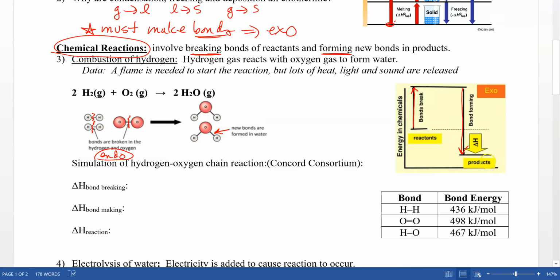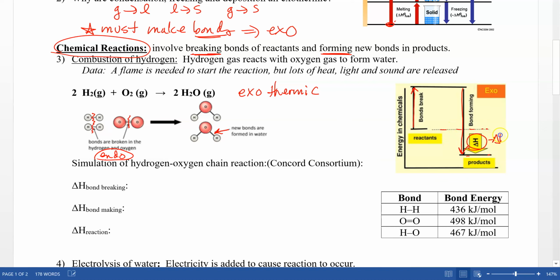And so the diagram is showing you that you're going to go up to break bonds, but when you go down and have exothermic, the bond forming is like a bigger energy change. And so the net change between here and here, the net delta H is going to be a negative delta H, and it's going to be exothermic.